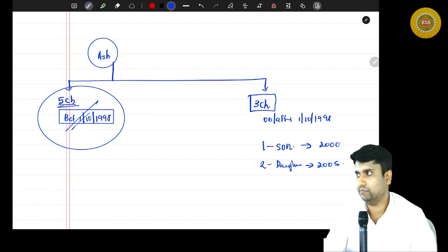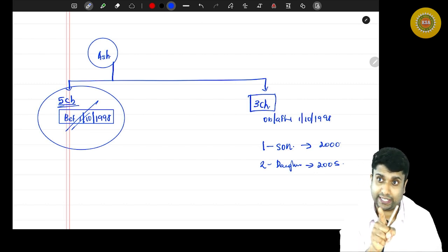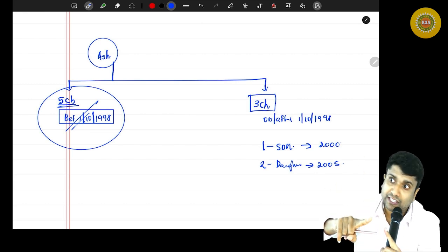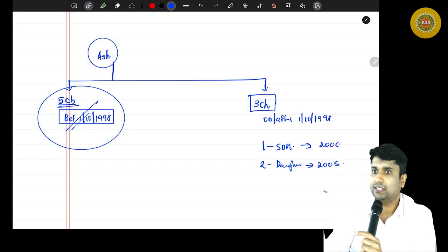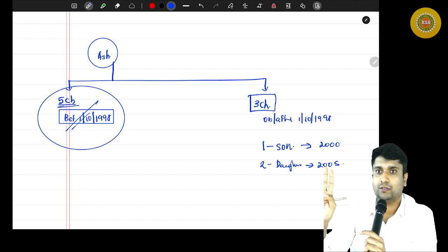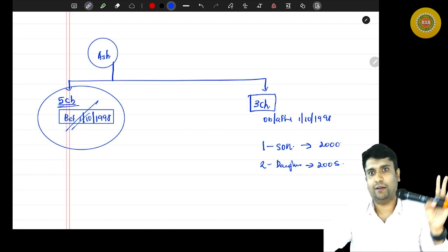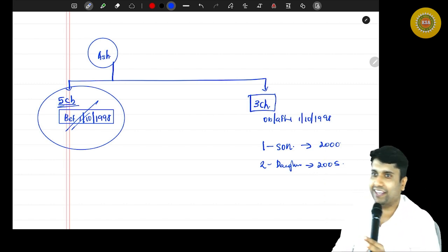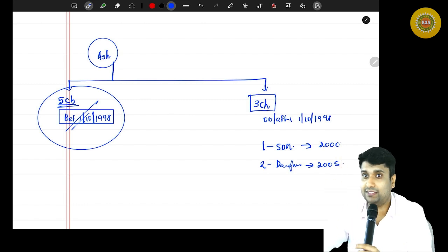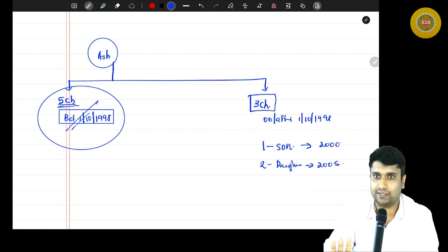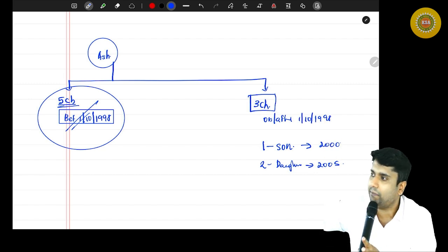Then no problem. After the first birth after 1st October 1998, you have a child, and after that you have multiple. Multiple means in a single birth, twins, triplets, quads. In that case, you can take all and claim exemption.